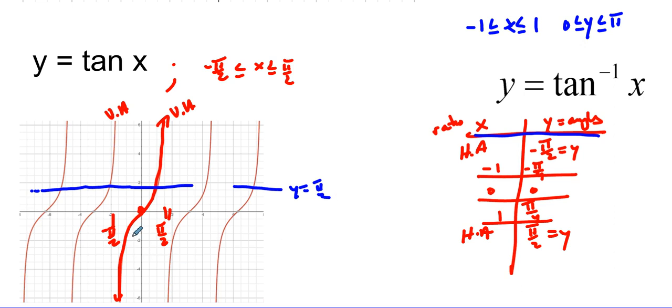We'll have negative 1 point something right here, y equals negative pi over 2. We'll have 0, 0, right there. Then pi over 4 should be like there, and that'd be 1, and negative pi over 4 would be right there. And you have this graph that's going to look kind of like this.